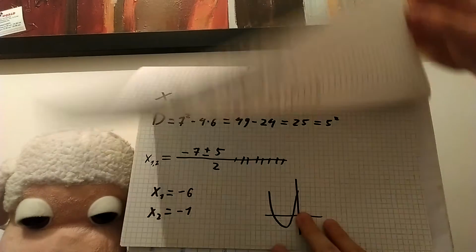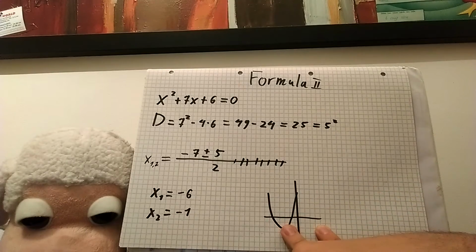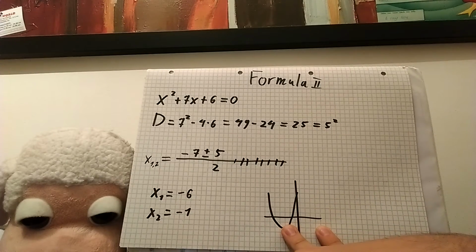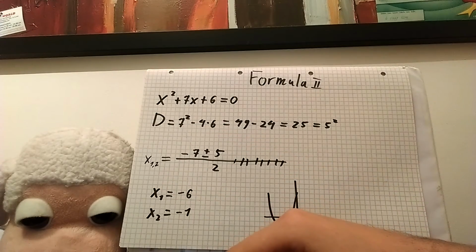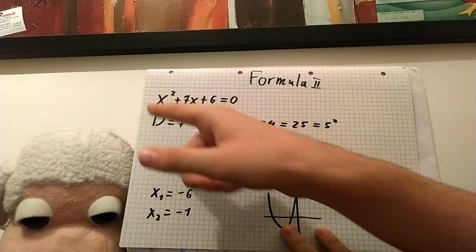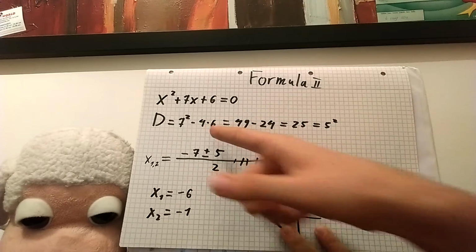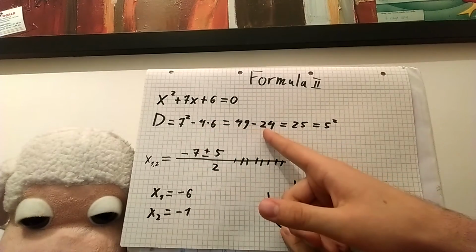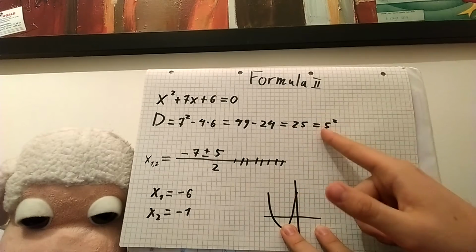Well, let's see an example. x squared plus 7x plus 6 equals 0. Now let's look at the d. d is b squared, which is 7 squared, minus 4ac. a is 1, c is 6, so it's minus 4 times 6, which equals 49 minus 24 equals 25, and 25 is the same as 5 squared.